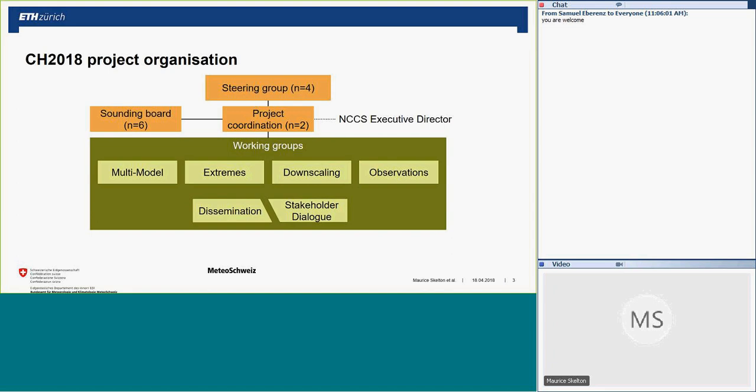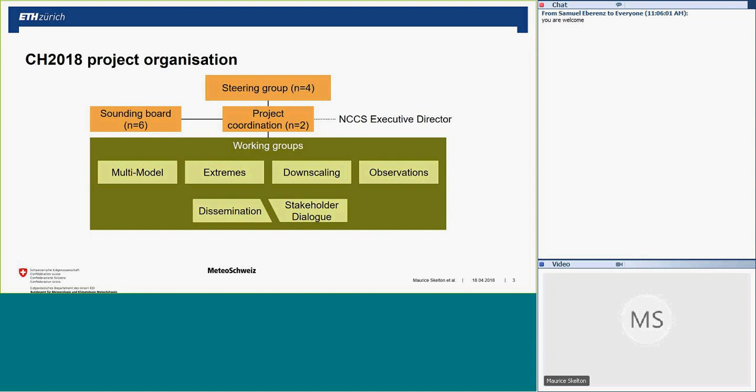So the whole 2018 project is divided into 4 scientific working groups. There's one group concerned with multimodels, one about extremes, one about downscaling, and one about observations. And then there's another working group, depending on how you characterize it.